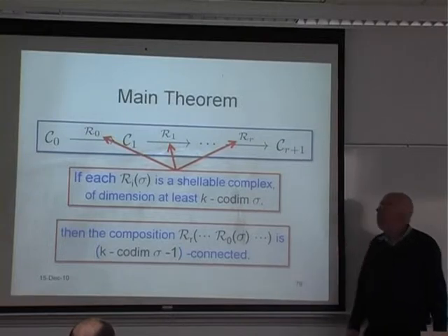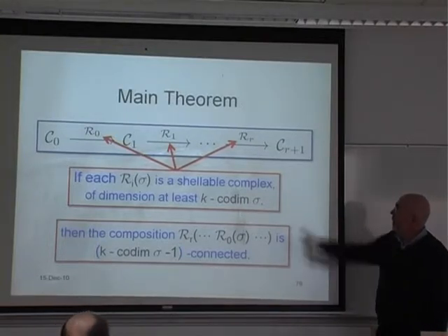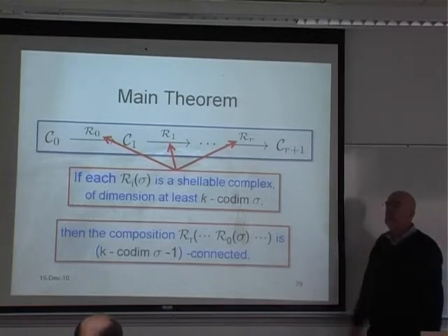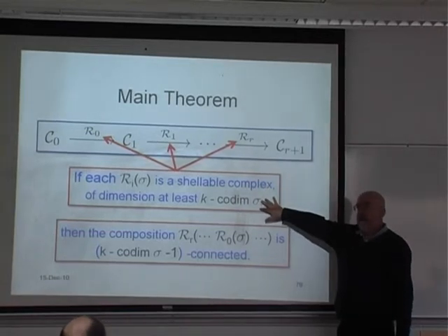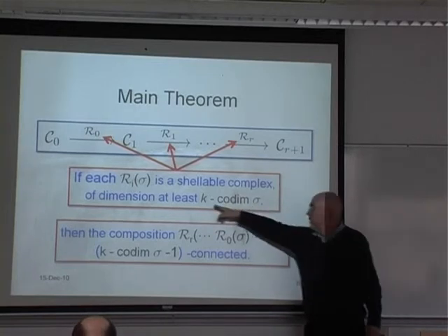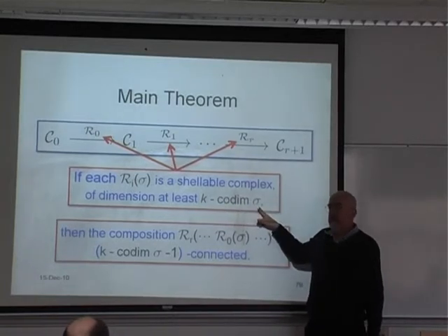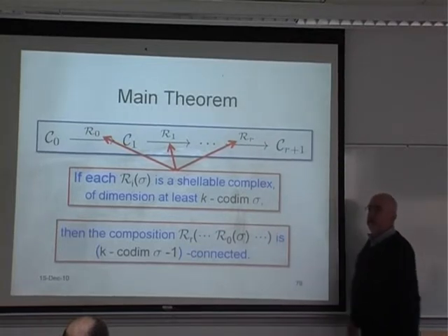So this is shellable for every sigma in any of the C_i. Any simplex is a shellable complex of this dimension, which means it might be empty. If it's a small dimension and this is less than minus 1, then it's empty. And an empty complex is trivially shellable as far as we're concerned.